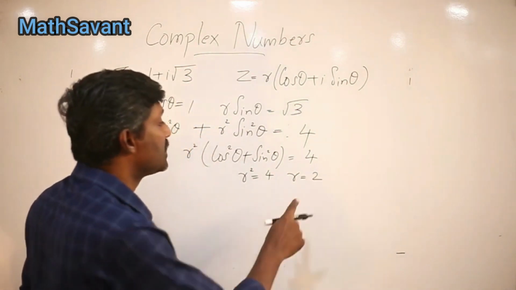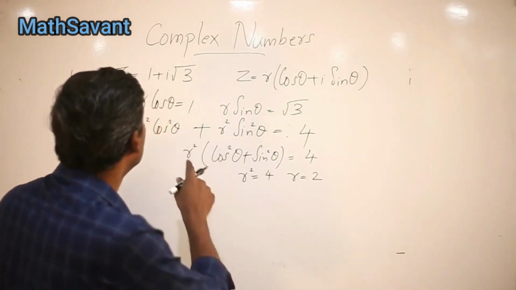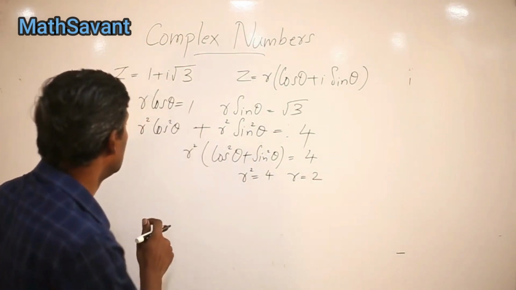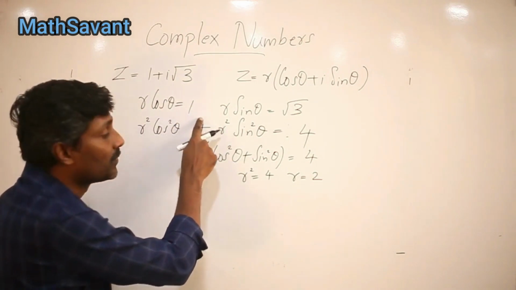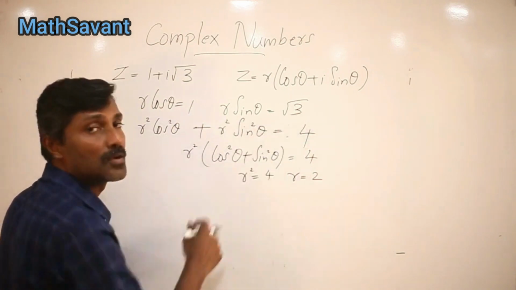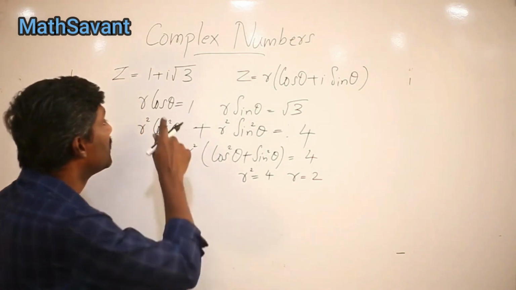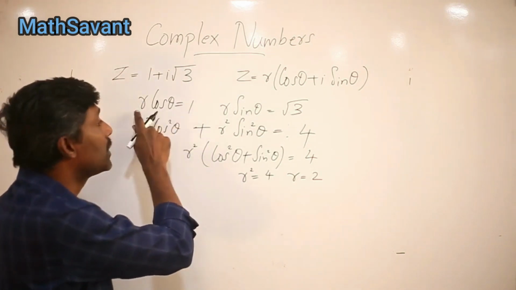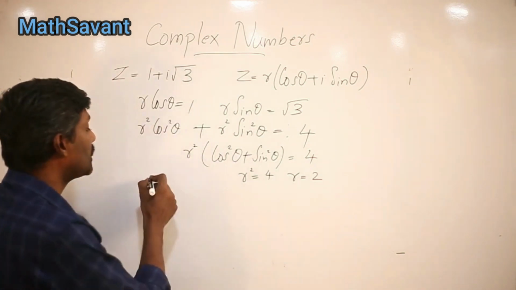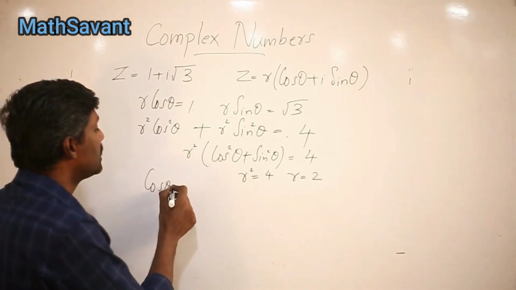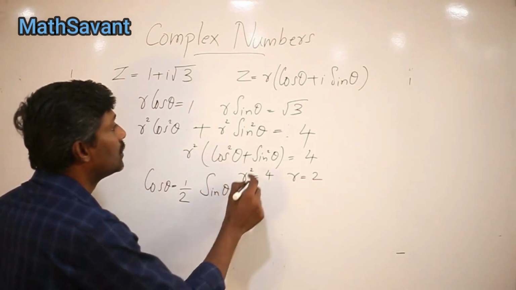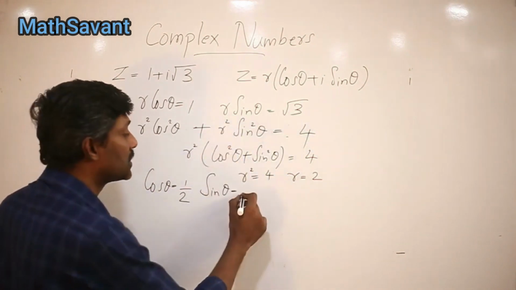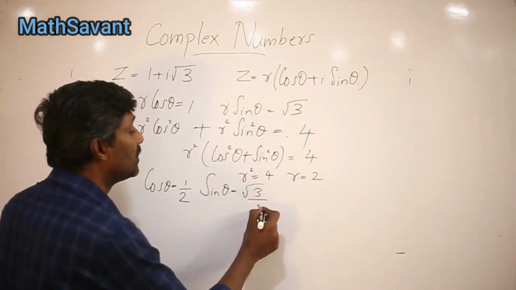Okay? Substitute the value of r right here. So what do I get? I get 2 cos theta is equal to 1 and 2 sin theta is equal to root 3. Correct? So what is cos theta? It is 1 by r, which is 1 by 2. So I get cos theta is equal to 1 by 2 and sin theta is equal to root 3 divided by r, which is root 3 divided by 2.